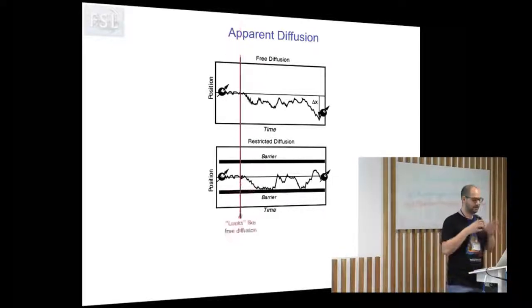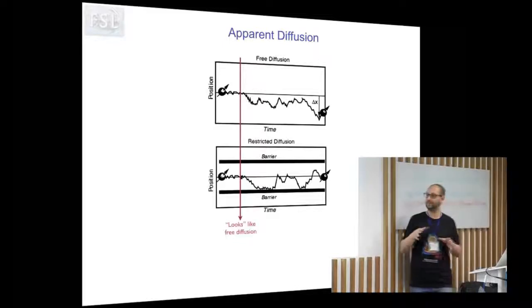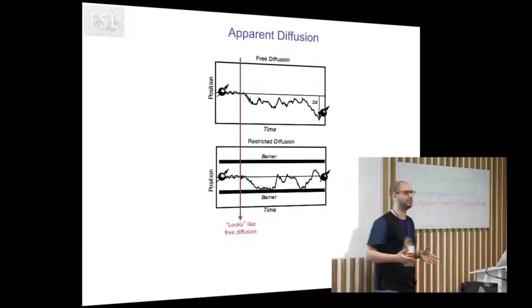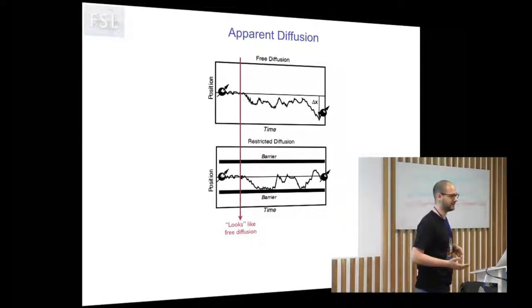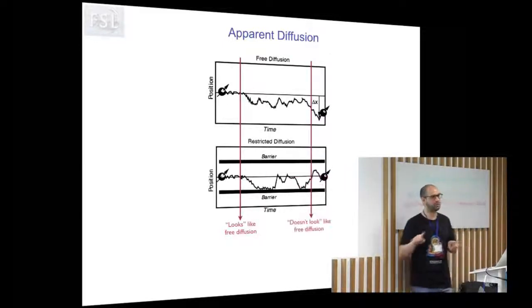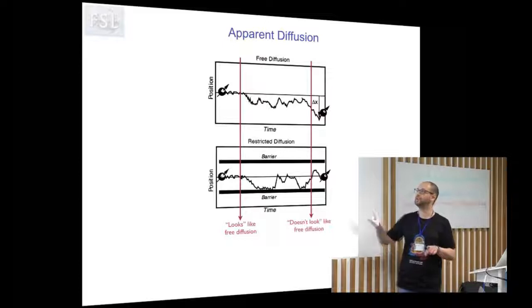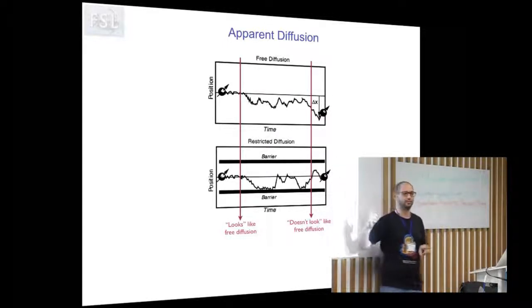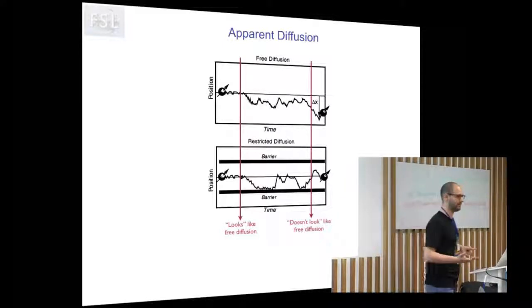You see that if you were to record your signal after a very brief time, the two displacement profiles look almost identical, right? But if you're willing to wait a little bit longer, you see that the delta X of these water molecules will definitely be bigger than the one you experience when you start imposing some barriers.